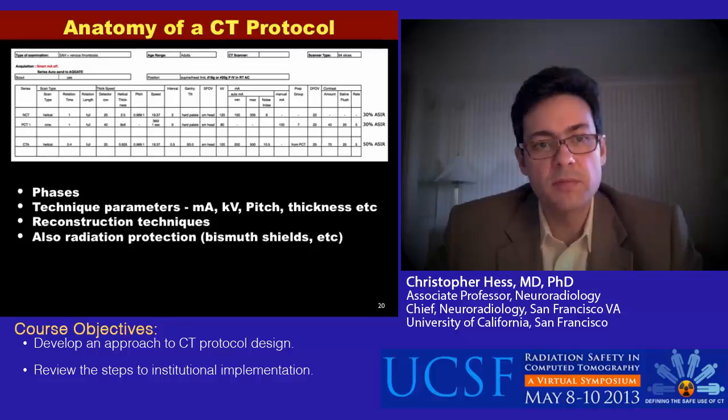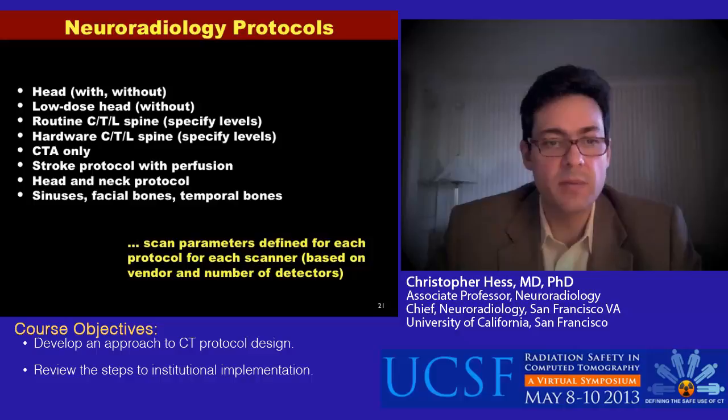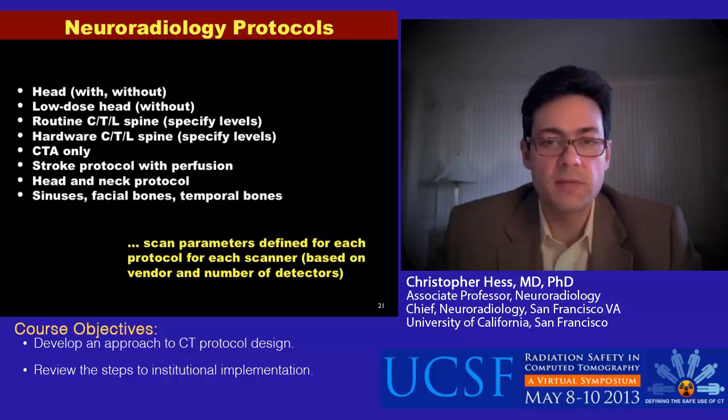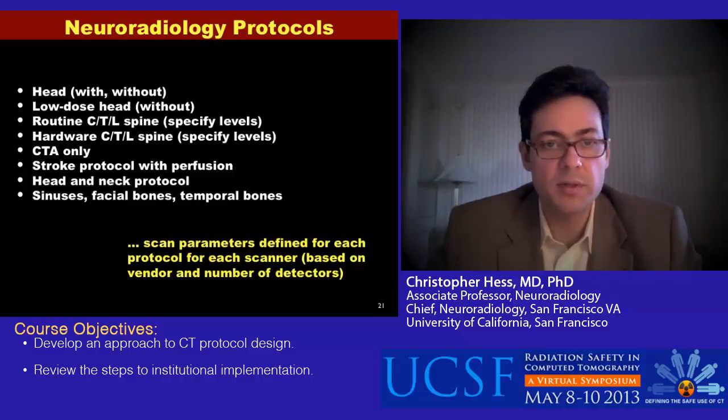So some examples of protocols that we have now, we've gone from a simple head protocol and a simple spine protocol to more individualized, tailored protocols. We can have head with and without contrast. Of course, that's a standard dose. A low dose head in cases with suspected fracture, craniosynostosis, in which the evaluation of the brain parenchyma may not be as important.